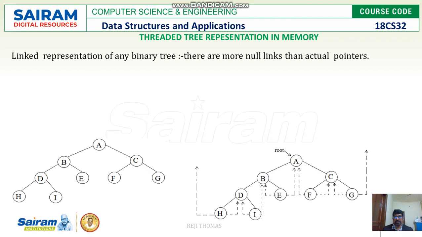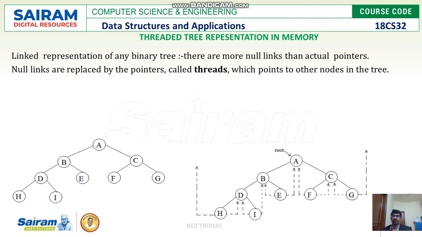So threads are nothing but pointers with a small difference. Normally in linked representation of binary tree, there are more null links than actual pointers. So wherever there are left and right subtrees, wherever there are left and right children or child, we are going to have null links. So we are going to waste lots of space.